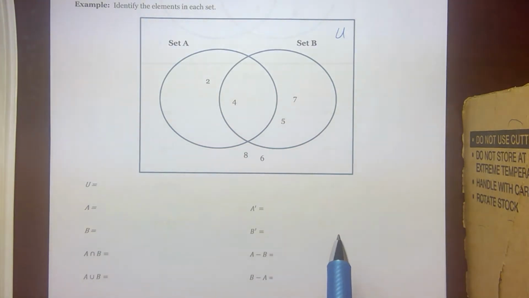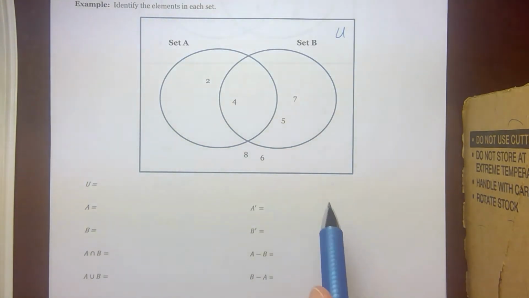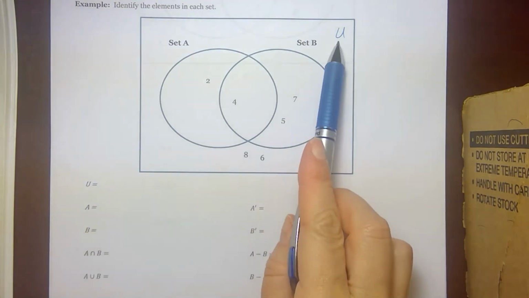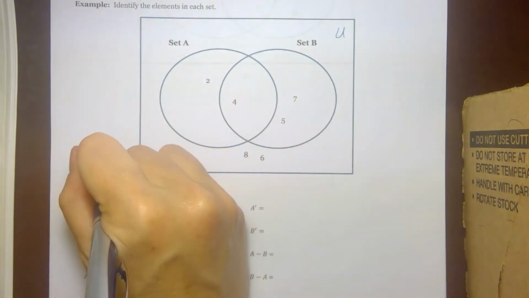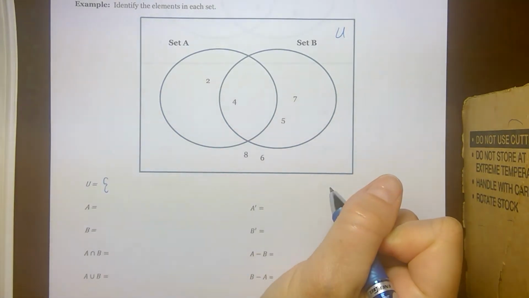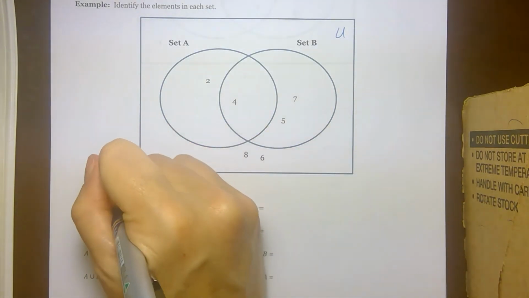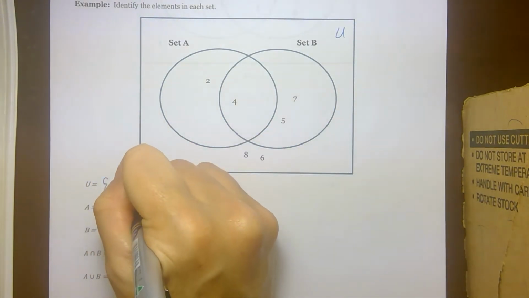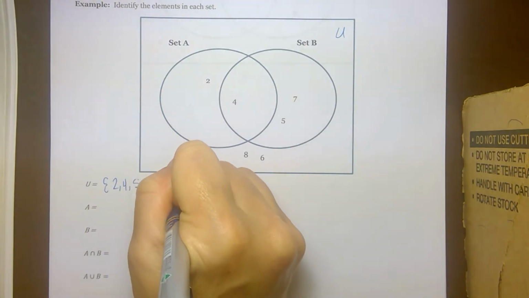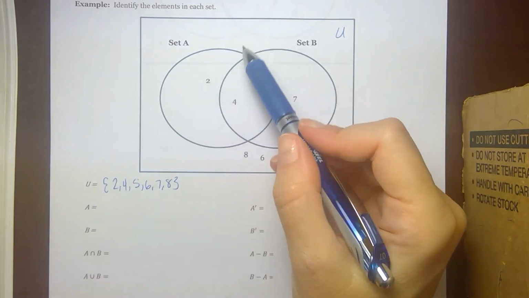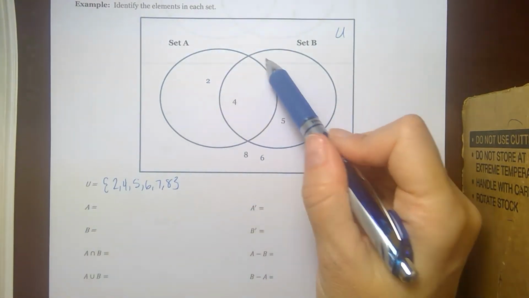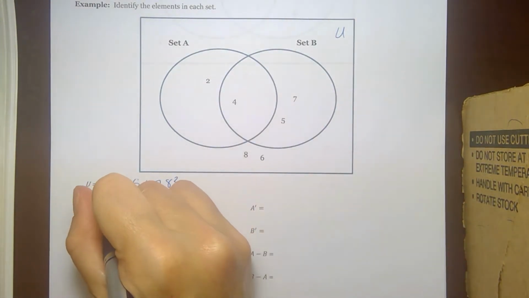Let's go least to greatest again to make sure we don't leave anything out. When I count my elements in the universal set, I have 1, 2, 3, 4, 5, 6. So I need to make sure I have all 6 of them listed least to greatest. That comes out to be 2, 4, 5, 6, 7, 8. Now I'm going to look at the A loop. The A loop just includes 2 numbers, 2 and 4.